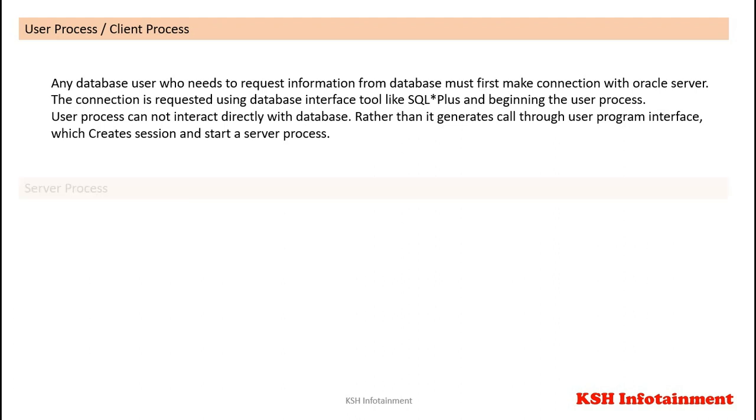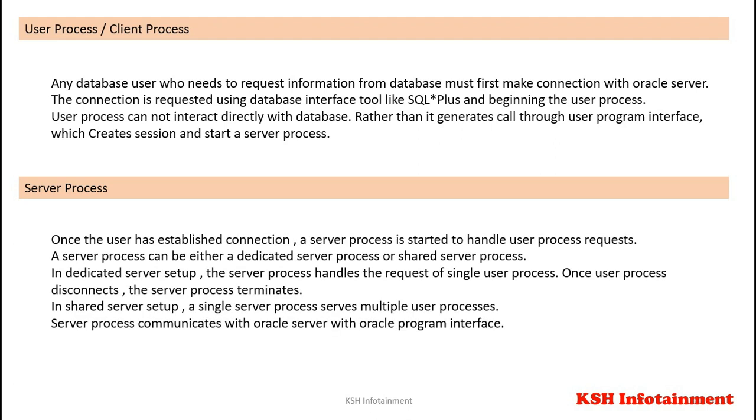Server process. Once the user has established a connection, a server process is started to handle user process requests. A server process can be either a dedicated server process or a shared server process.